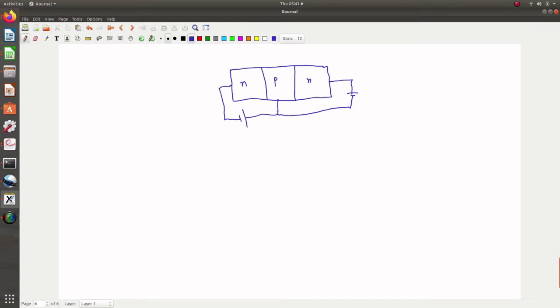This is one type of biasing the transistor. You might have seen different types of biasing. This is one type. We are not going into the different types of biasing, but the basic requirement for a transistor to act as an amplifier is that the emitter base junction should be forward biased, and collector base junction should be reverse biased.